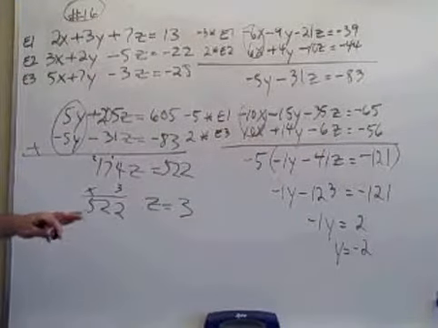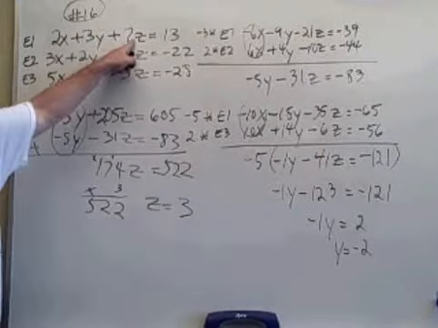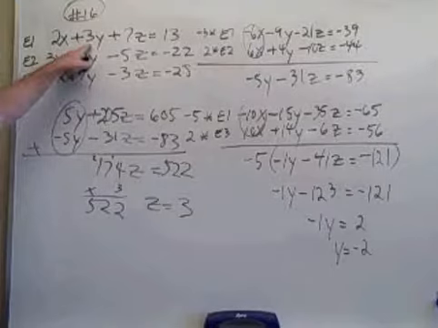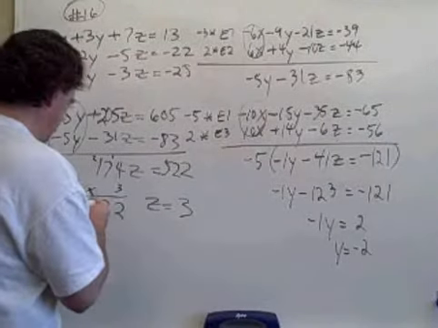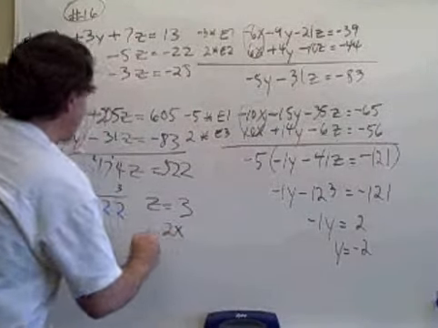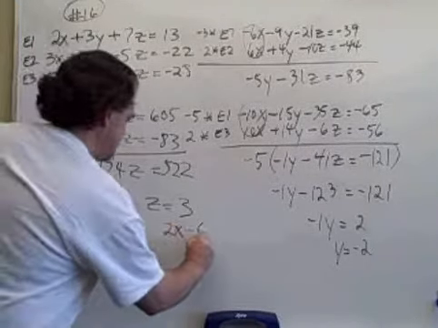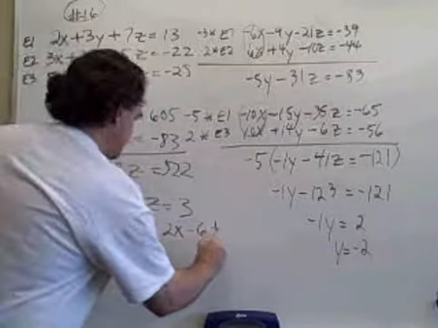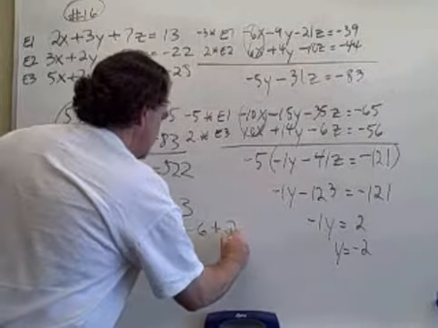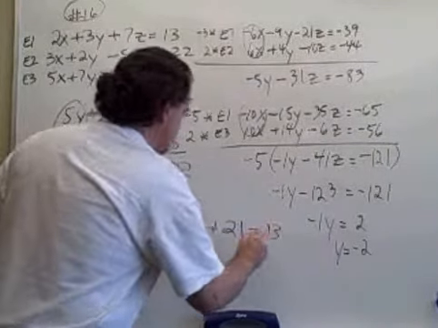So if we take z being 3 and y being negative 2, we'd have 2x. If y is negative 2, that'll be minus 6 plus 21 equals 13.